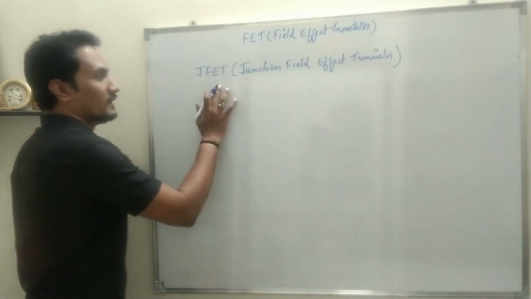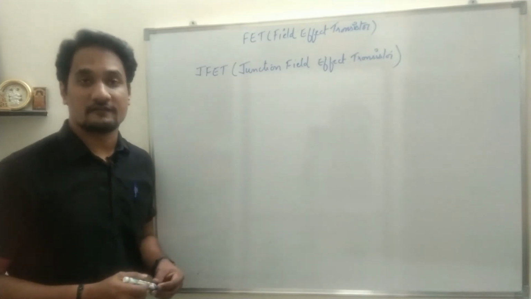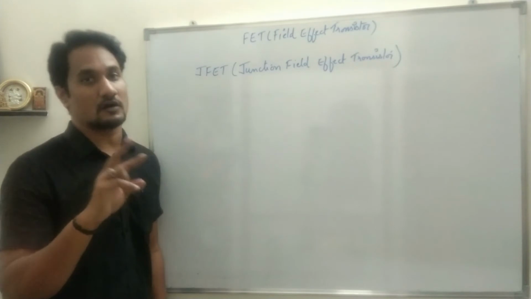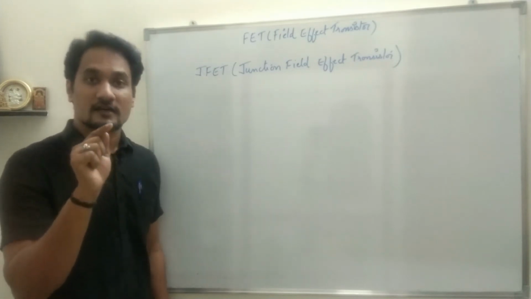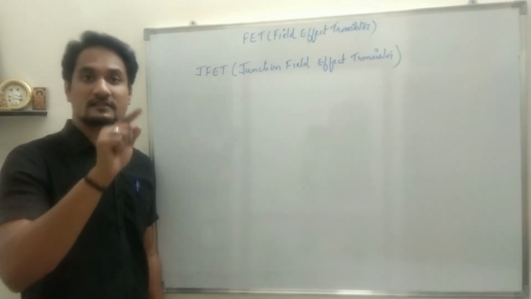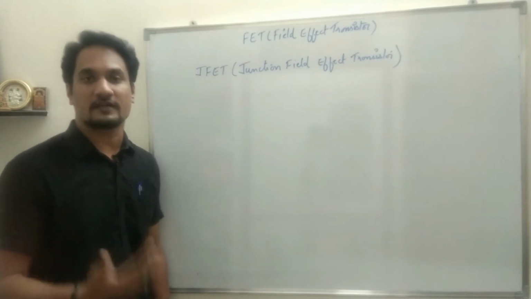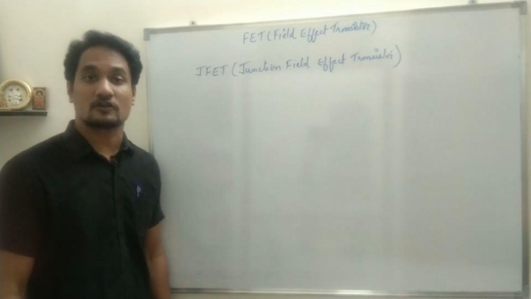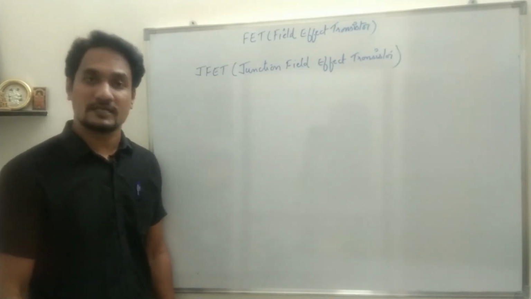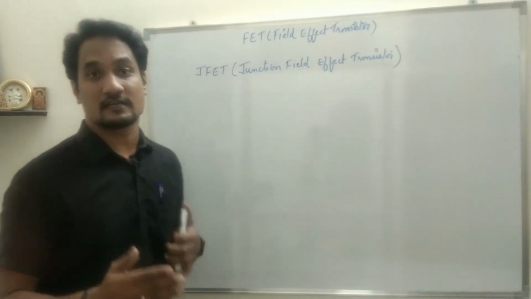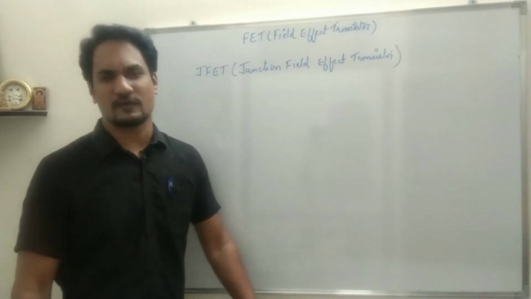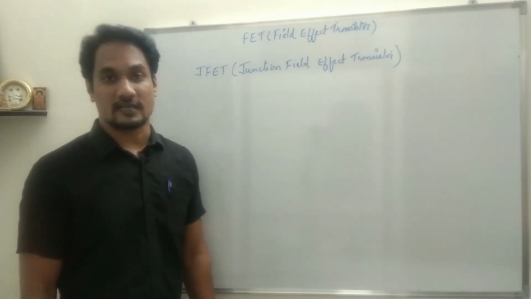As I said, the current conduction in field effect transistor will be because of only one charge carrier, either electrons or holes. If it is because of electrons, that type of JFET will be called N channel JFET. If it is because of holes, that type of JFET will be called P channel JFET. So we will try to understand construction and working of both N channel and P channel. It's very easy for you to understand.